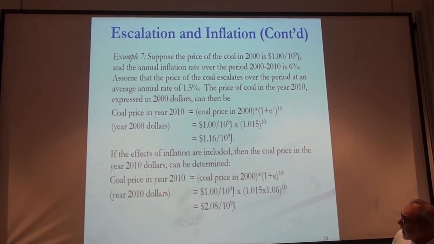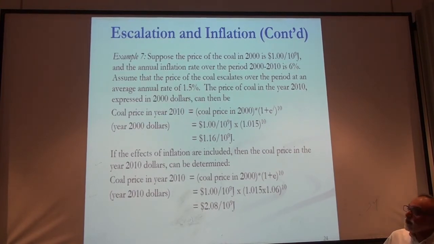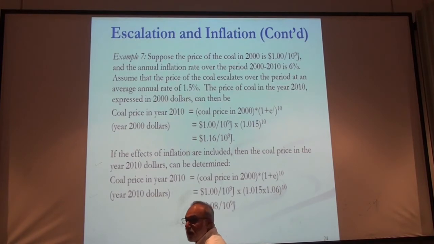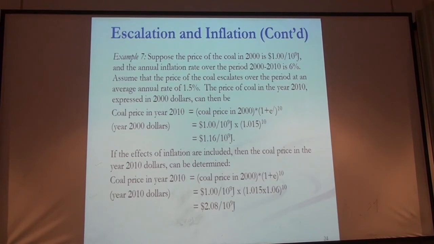So here the price is represented in year 2010 dollars, which means it is current, and this is with constant dollars with constant year 2000. These concepts are used in comparing prices. If we remove the inflationary effects, the prices have only gone up by 16%.